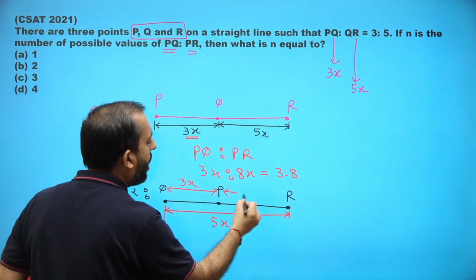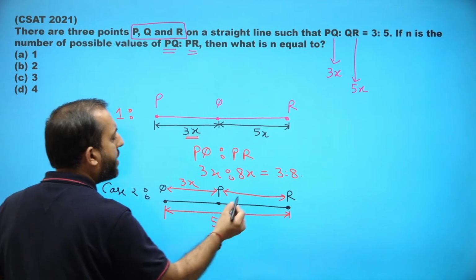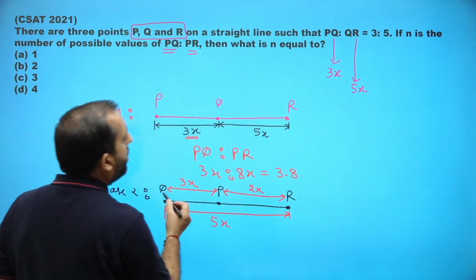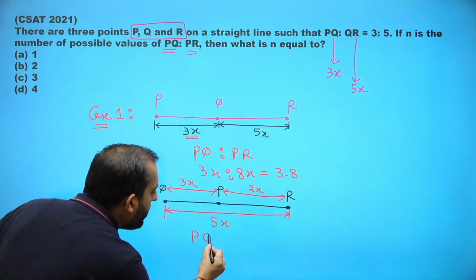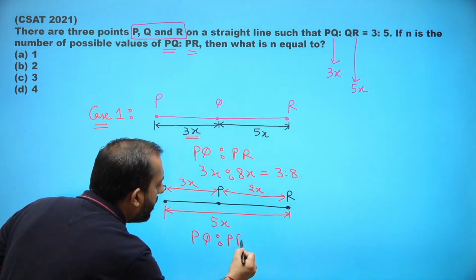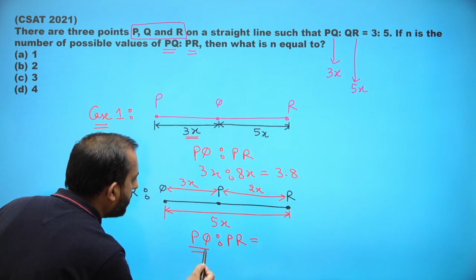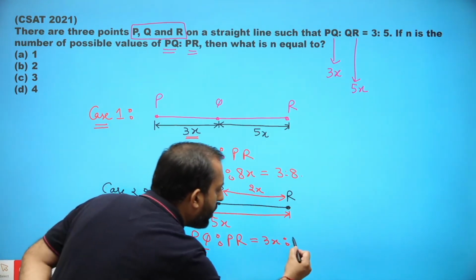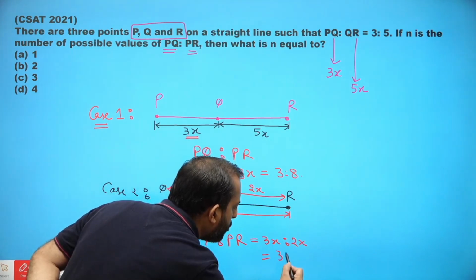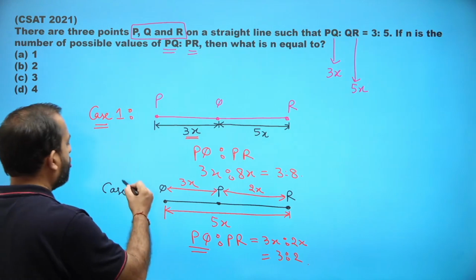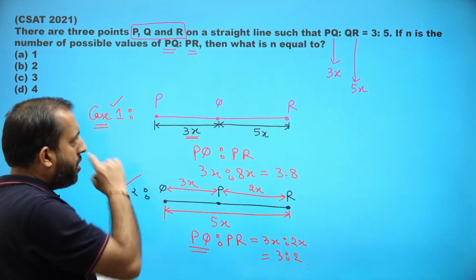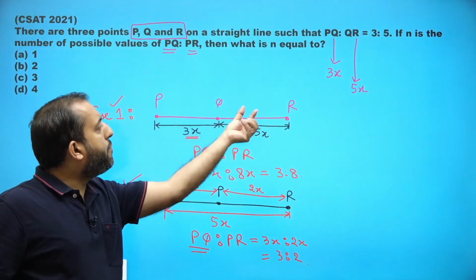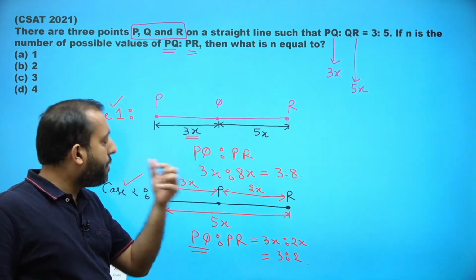So P to R must be 5x minus 3x, which is 2x. Now the ratio of PQ to PR, PQ is 3x and PR is 2x. So the ratio is 3:2. This case is also feasible. So Q can lie between P and R, and P can lie between Q and R.